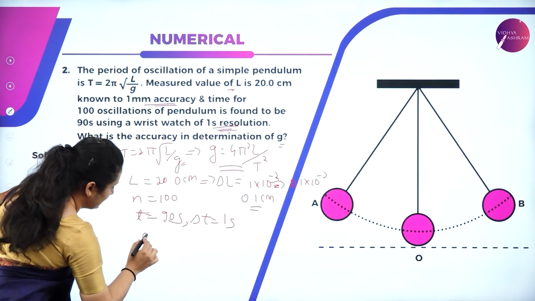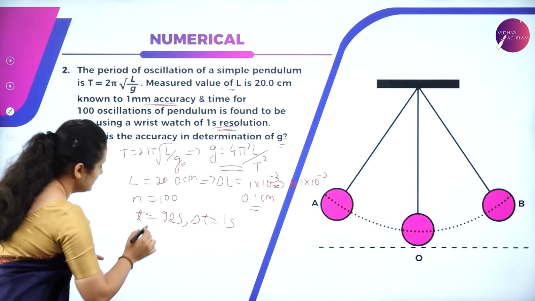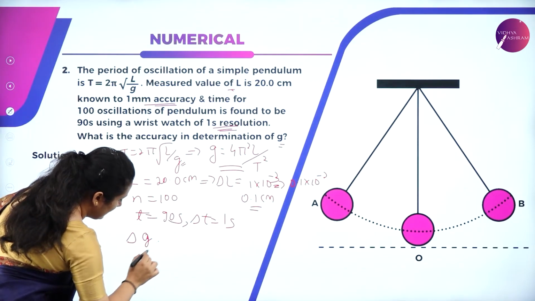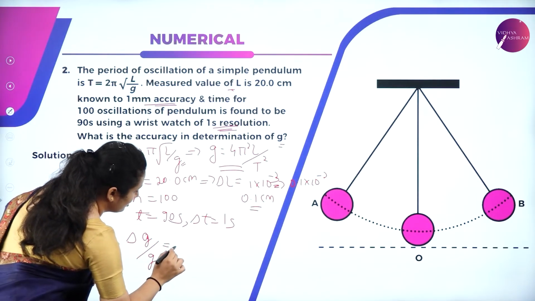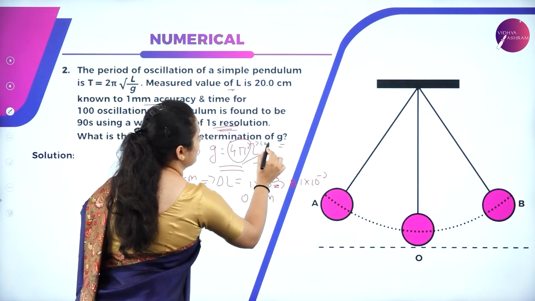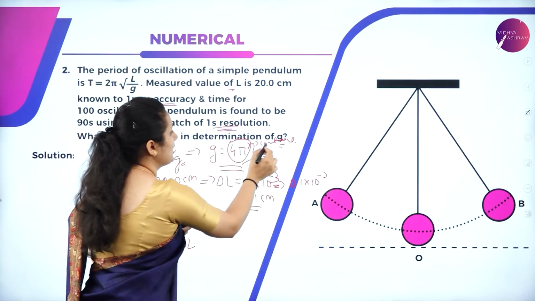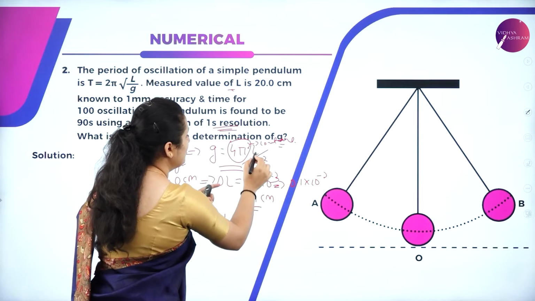Now, how will I calculate? I should calculate the accuracy in determination of G. That is, I should find the error. Delta G is equal to delta L, because 4 pi square is constant. Pi is 3.14, so 4 pi square is a constant term. So, I have L by T square.